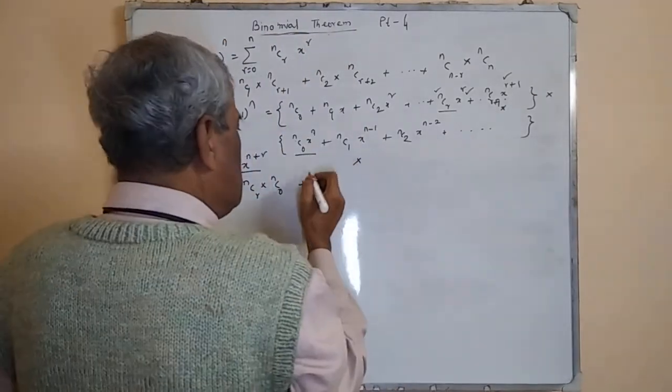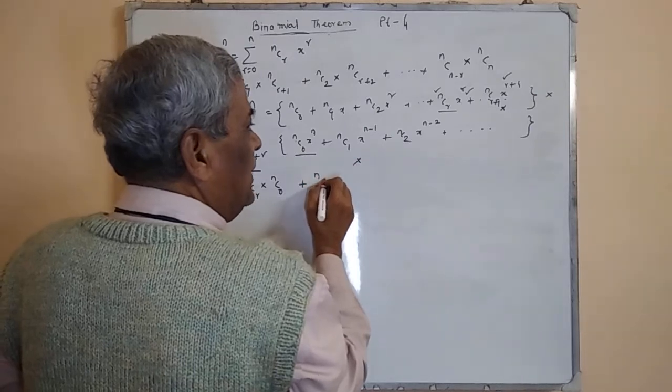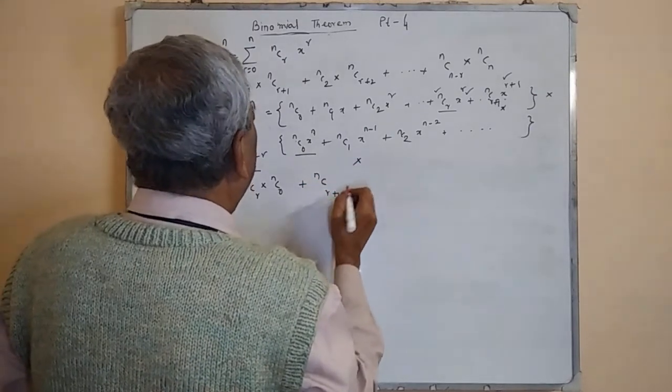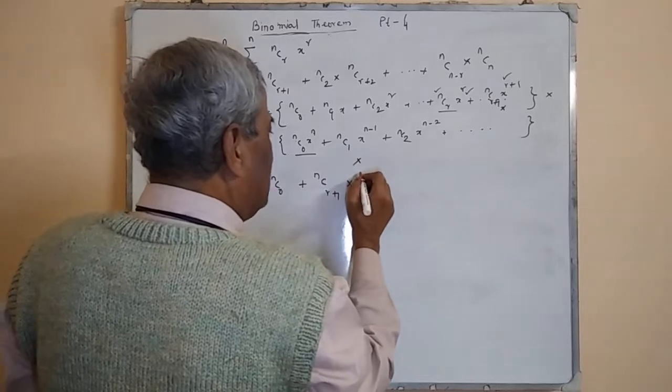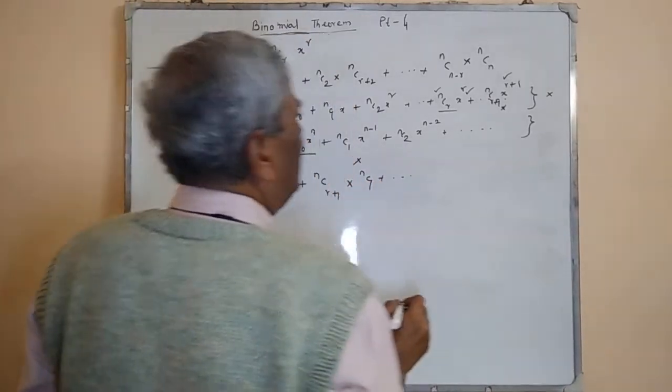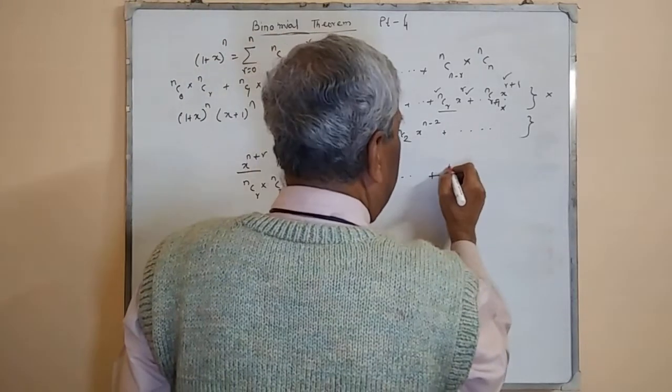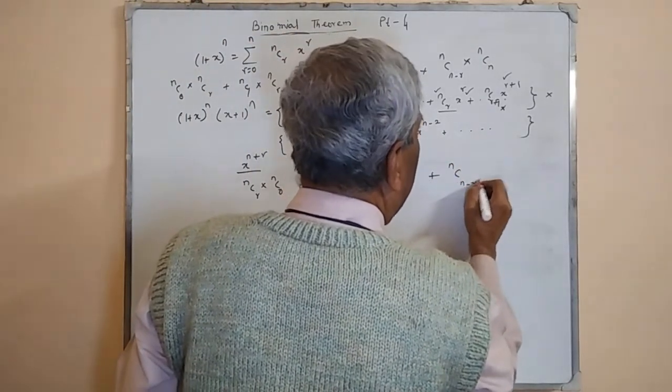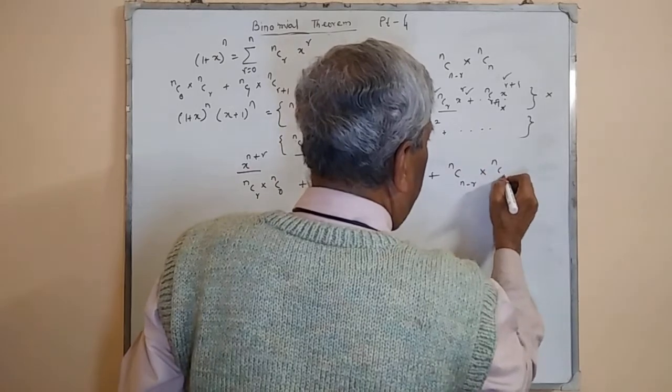Its coefficient is nC(r+1) into nC1. This way you get the last term as nC(n-r) into nCn.